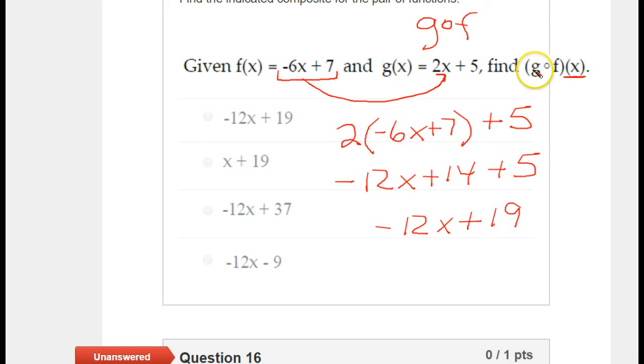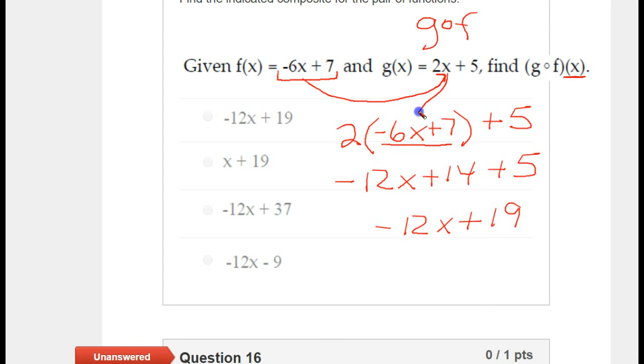So it's G composed of F, and we're looking for the X value. Well, this is our X value here for F. So we take all of this from F and put it into our G value. So where is the X in the G value? Right there. So we're replacing this where the x is, which is what I show right here.